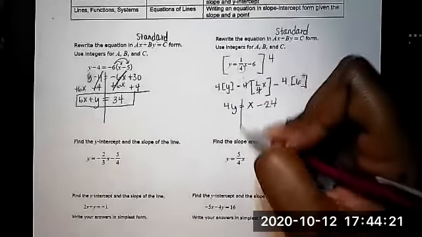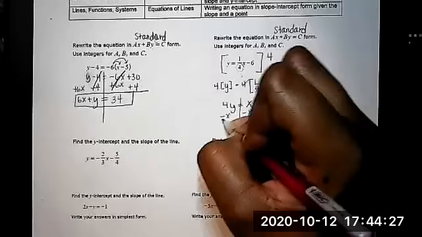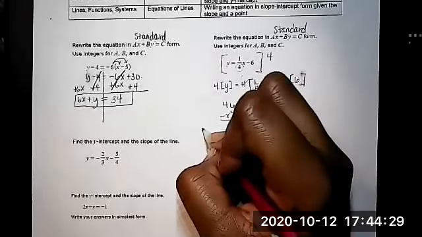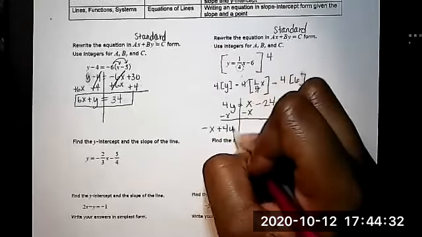And now, of course, I need the x's and y's on the same side. I should subtract x from both sides there. This becomes negative x plus 4y. I just put them next to each other. And then equals negative 24. Okay, I brought that down.